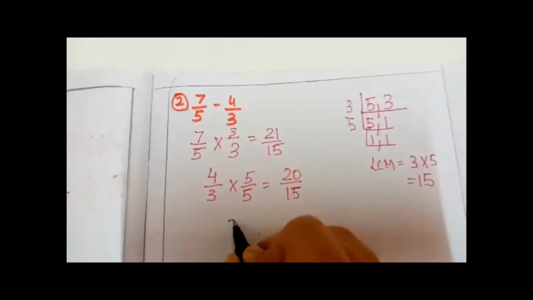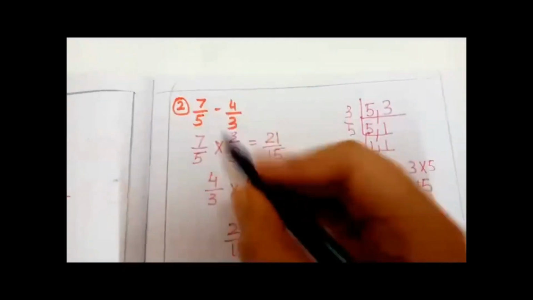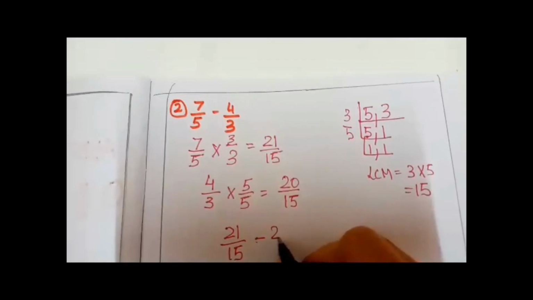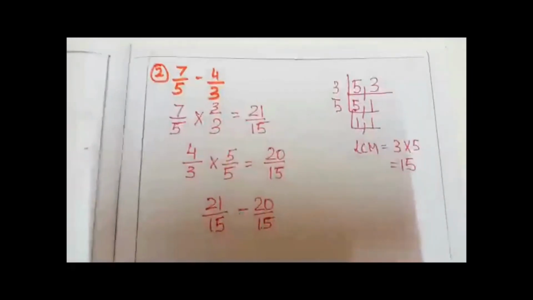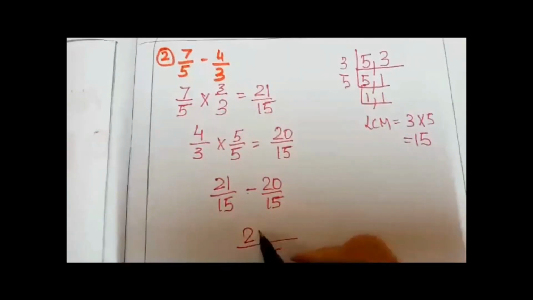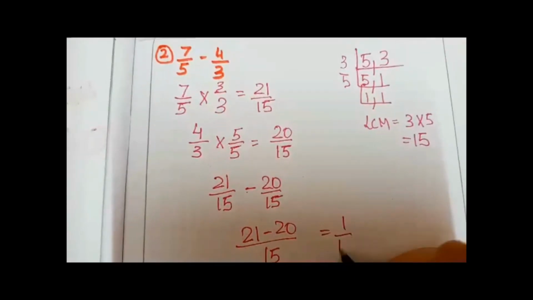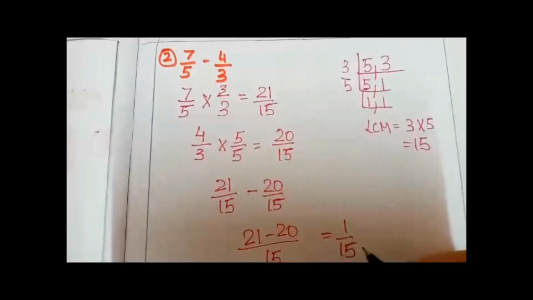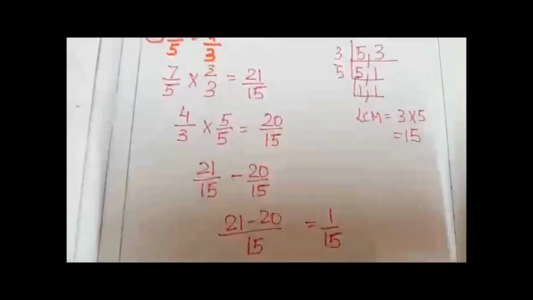So rewrite the fractions: 21 by 15, which is 7 by 5, minus 20 by 15, which is 4 by 3. Now here we have the denominator common, so we'll write it once and write the numerators, 21 minus 20, which is equal to 1 by 15. So the answer of 7 by 5 minus 4 by 3 is 1 by 15.